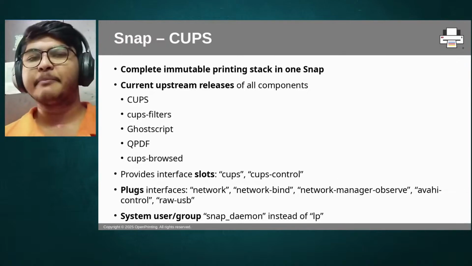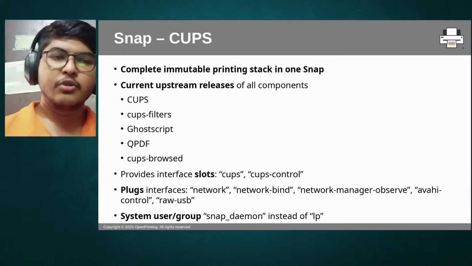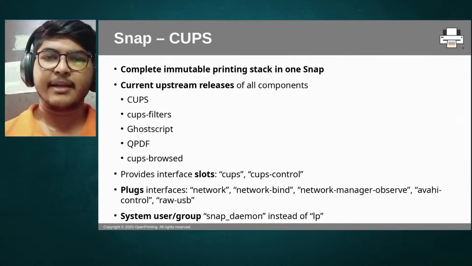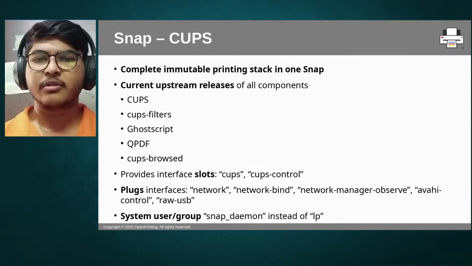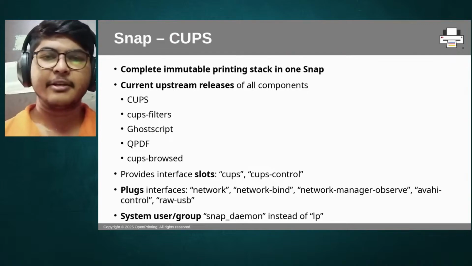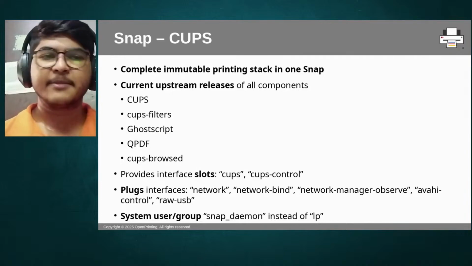The cups snap provides two slots, cups and cups-control. As explained before, whenever a consumer snap wants to consume the cups slot, to read the list of available printers, it needs to connect with this slot provided by the cups snap.